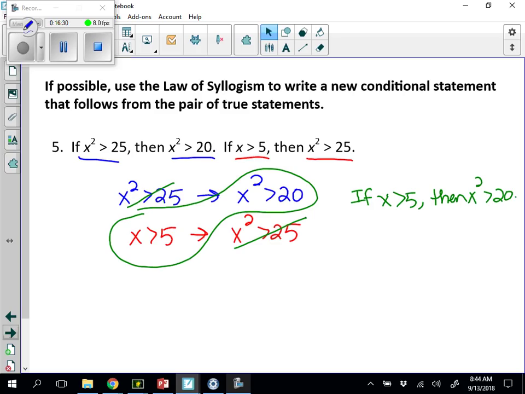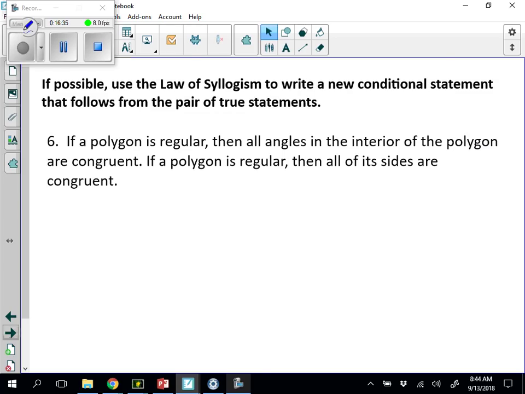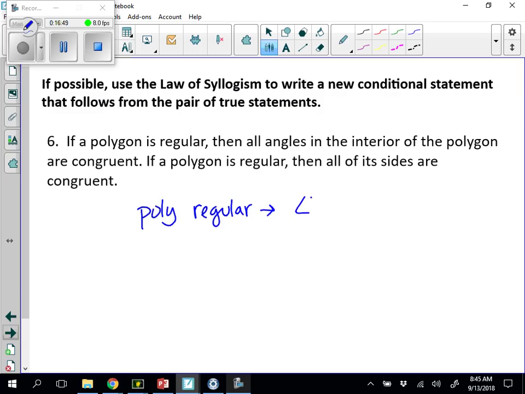Okay, go ahead and try the last one, pause the video, and then come back. We will double check it. Okay, first hypothesis is if polygon is regular, then I'm going to say angles, I'm going to abbreviate here, are congruent.